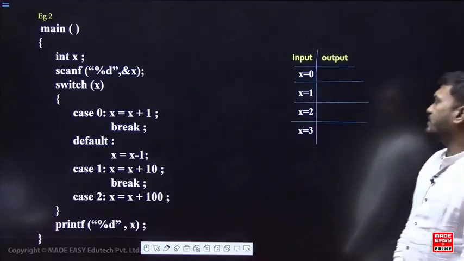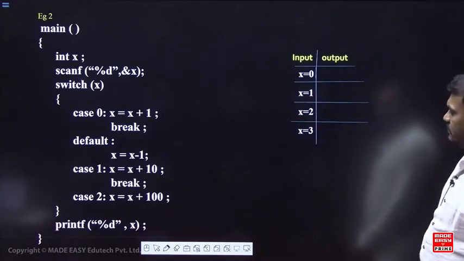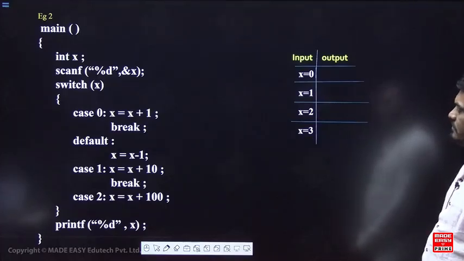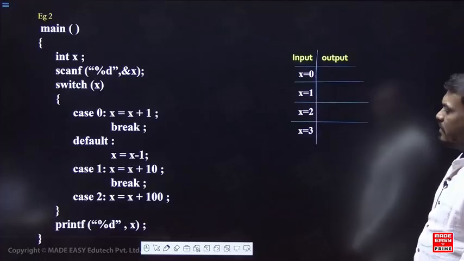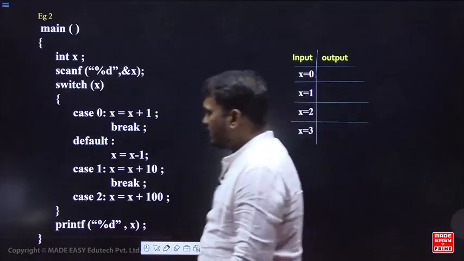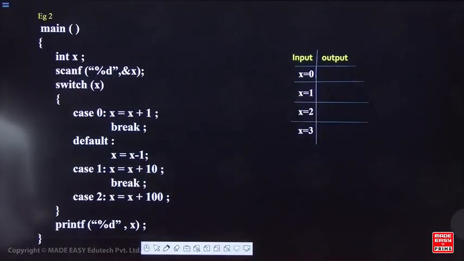Take the next example. Yogendra Singh, you will understand everything, just wait. Just copy this example. With this example, all your doubts will be clarified.